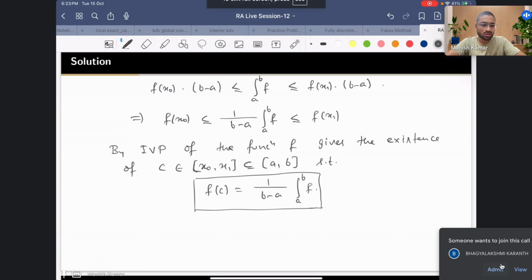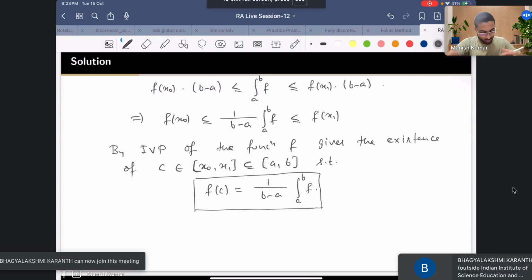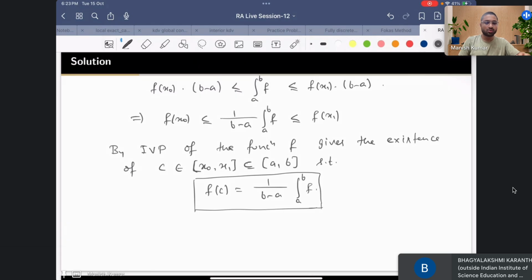So this is how you can prove this identity. You just have to use the continuity of the function. That's all you needed: continuity of the function and the compact interval. Okay, I hope this is clear.